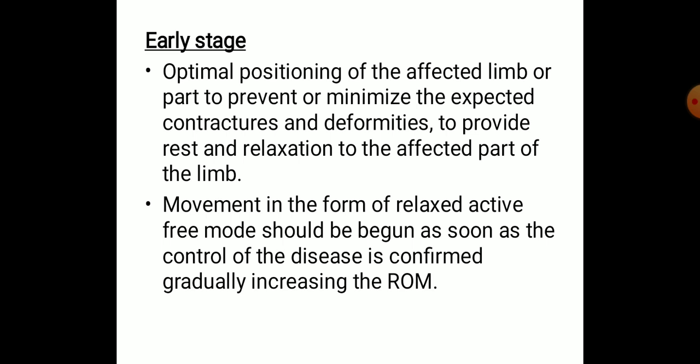It is mainly to prevent contractures and deformities. If the joints are not positioned in an optimal position, it can lead to some abnormalities or give you some deformity. So we need to prevent all those things. That's why we go for proper optimal positioning of the particular limb.